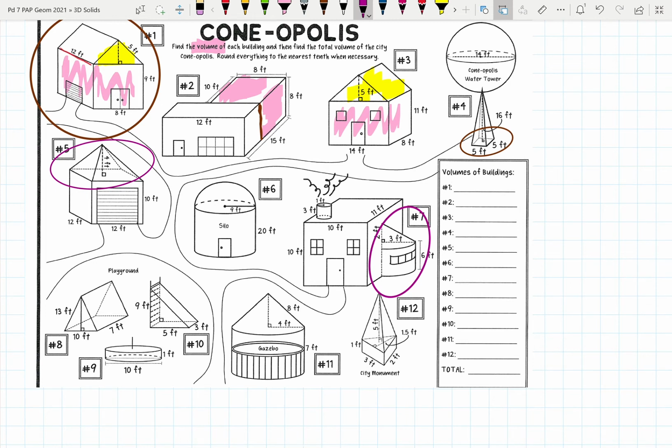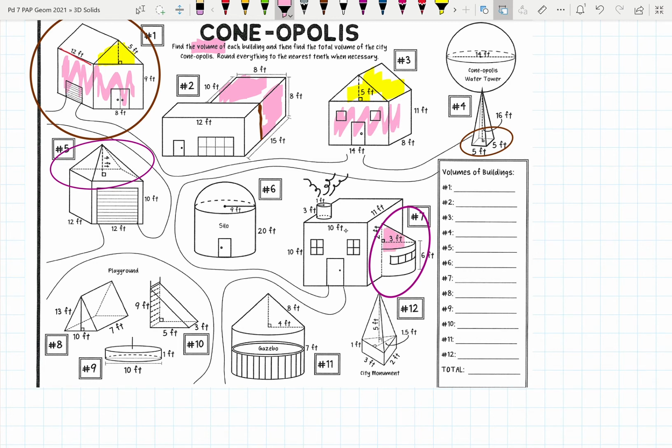And as I told you in class, that portion of the building is half of a cylinder. So it's a cylinder that's cut in half this way, so it's only this half of the cylinder right here sitting on the front of the building. And on top of that half of a cylinder is half of a cone.